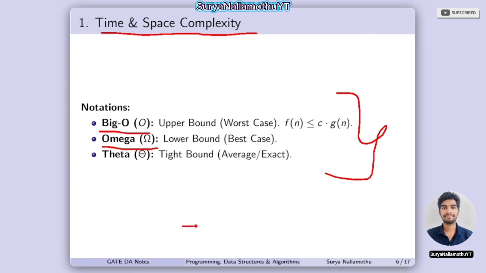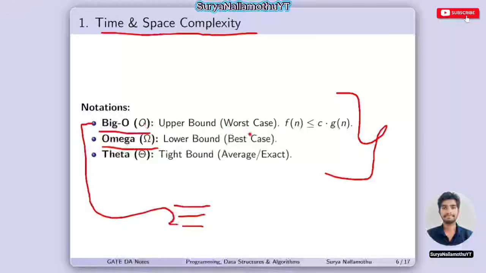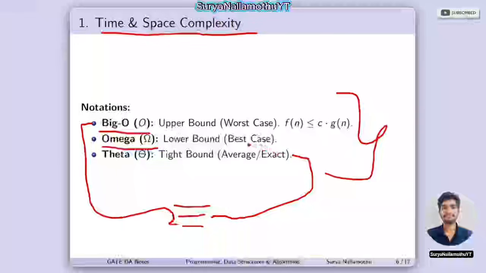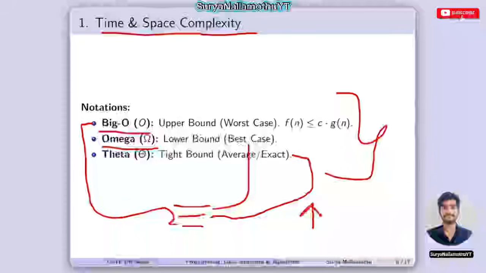So you need to remember these three scales. In these three scales, the worst case is big O. The average case is this one, and the omega case is this one. So it will be low to high. You need to remember that as low to high positions.